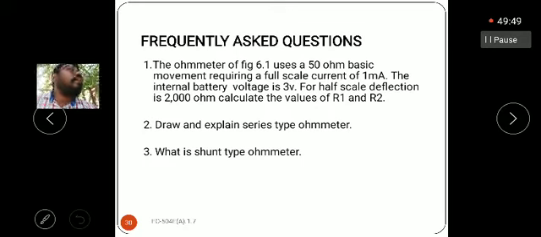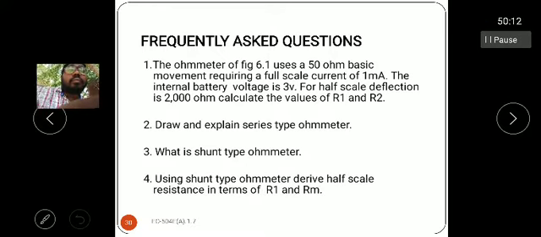There may be questions like that based on the requirements of the examination. Also, what is a shunt type ohmmeter?